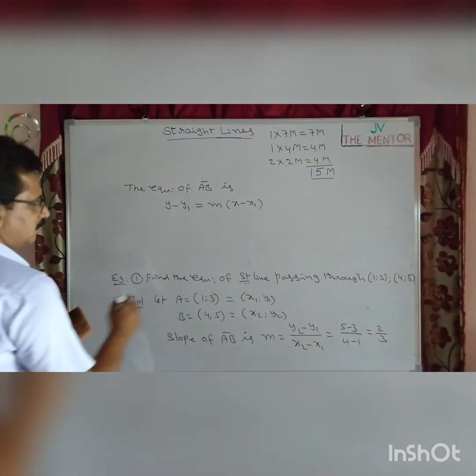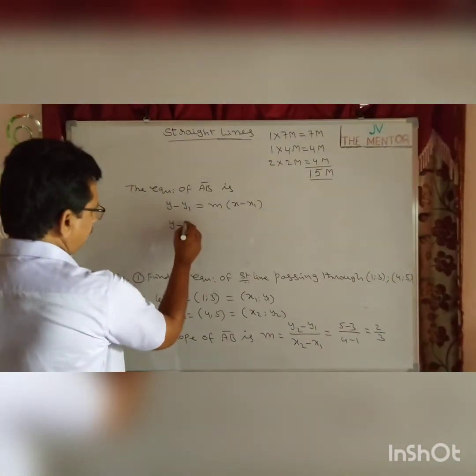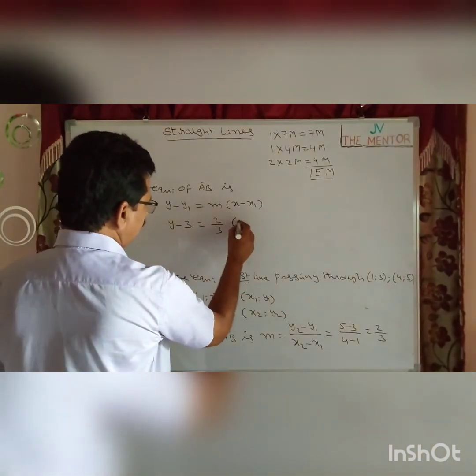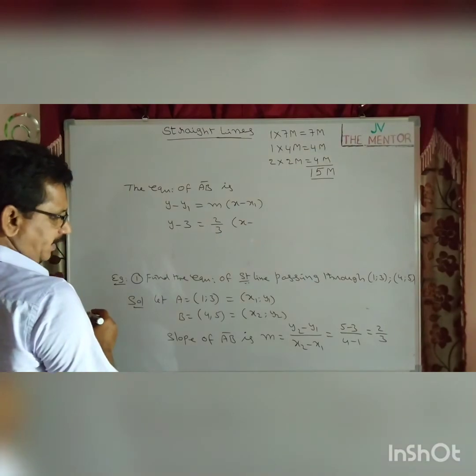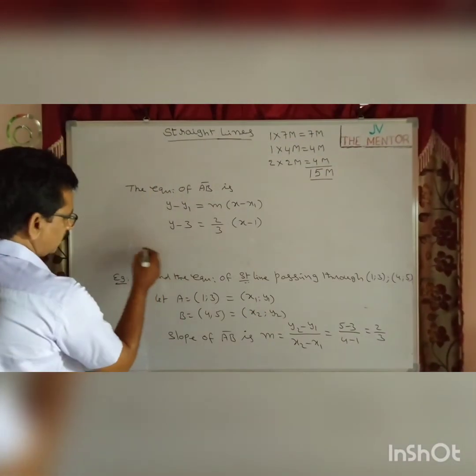Now substitute the values. y minus y1, here y1 is 3, equal to m, 2 by 3, x minus x1, here x1 is 1. Okay na?